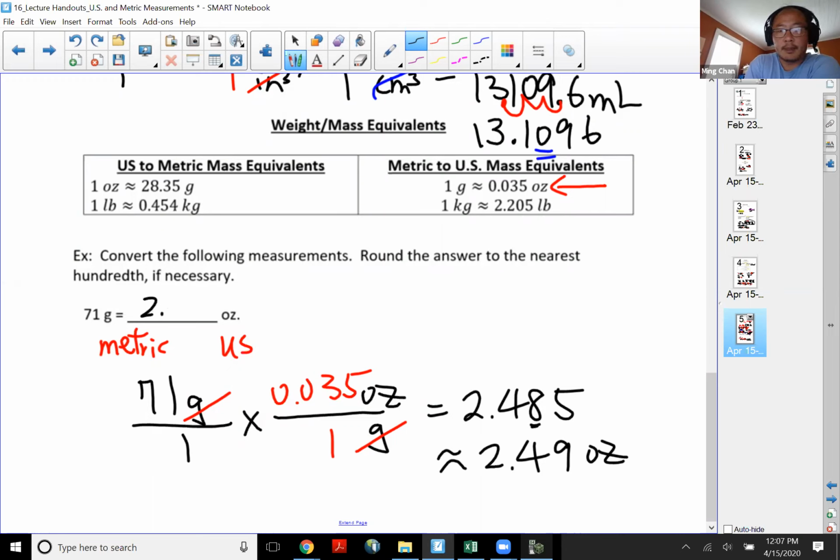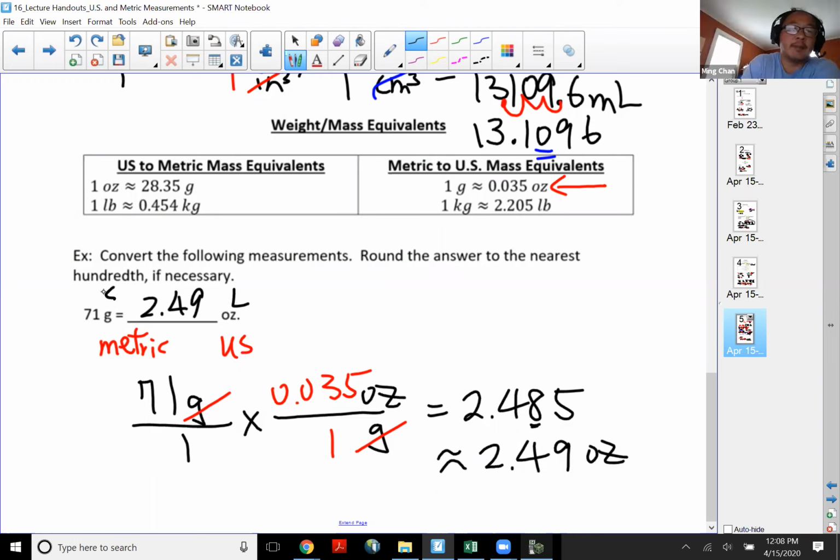Look at these two numbers and tell me which is actually the larger unit between the two. Is it ounce? Gram? No, ounce. Ounce is larger, right?